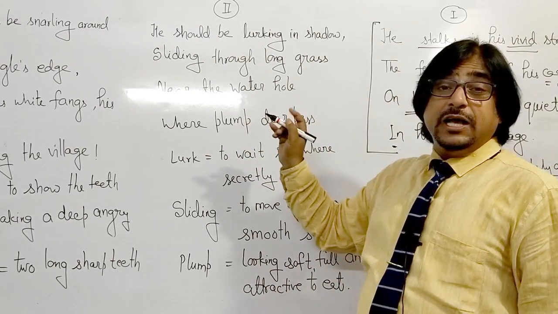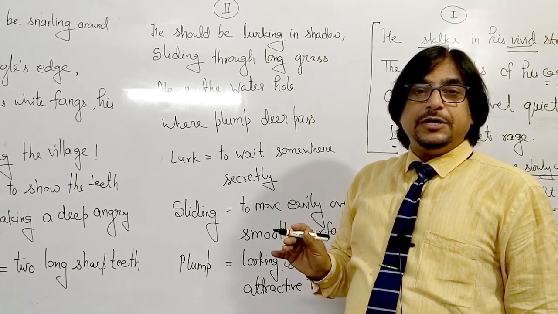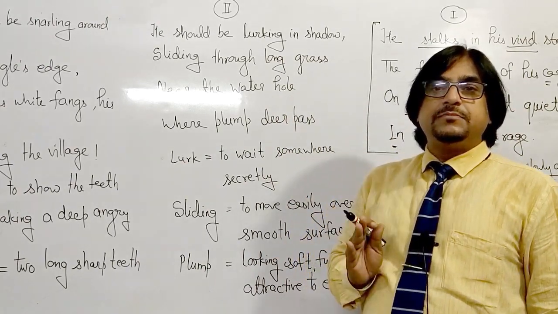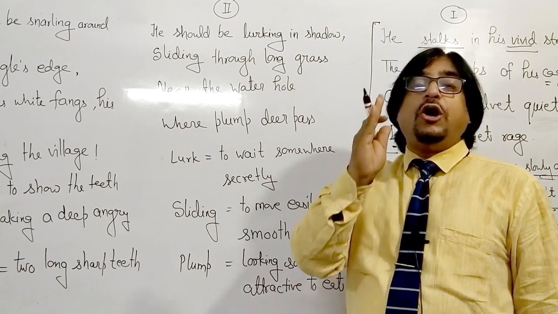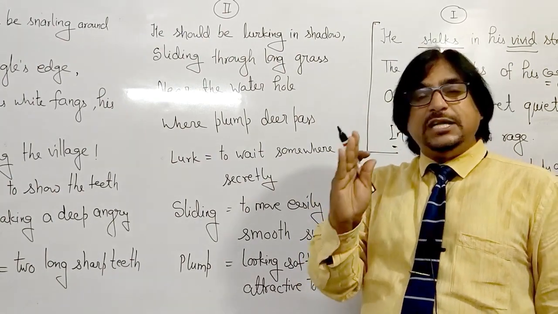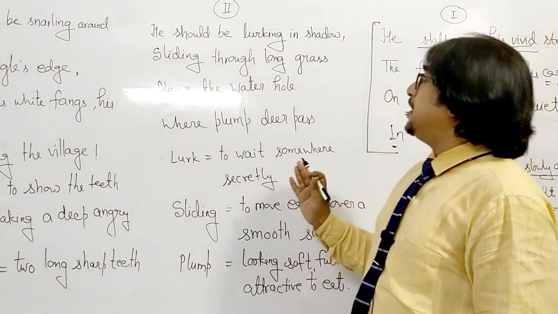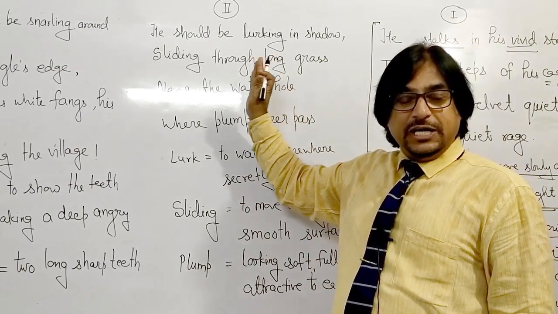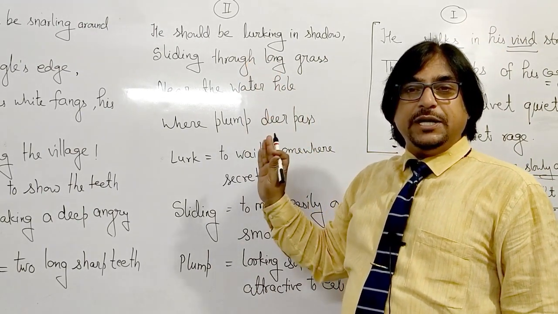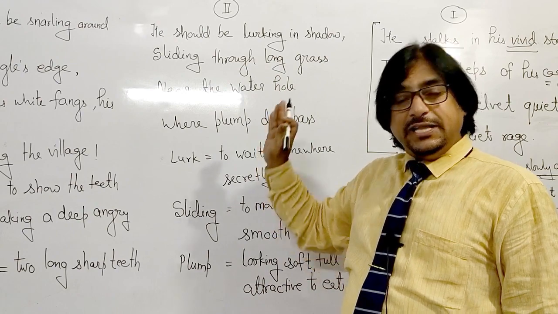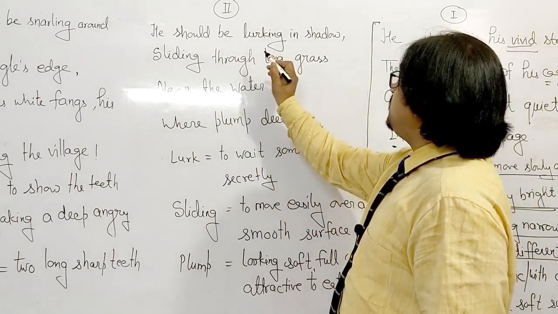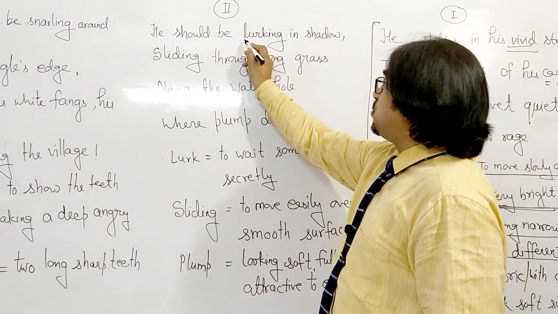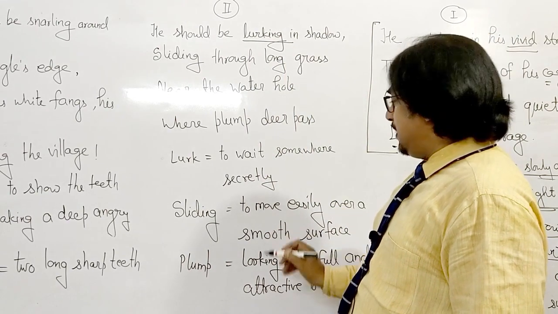In the first stanza, we talked about the tiger in the cage in the zoo. Here we are in the jungle. We are talking about the tiger in the jungle. He should be lurking in shadow. So the difficult word, lurking. Get it?